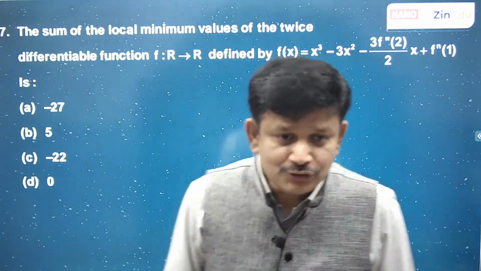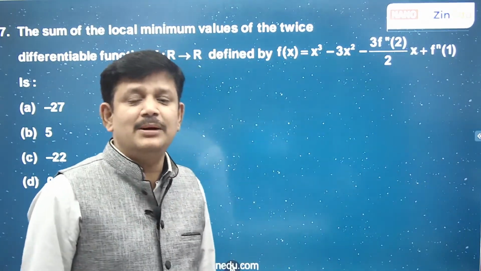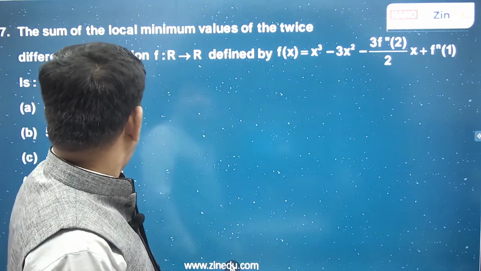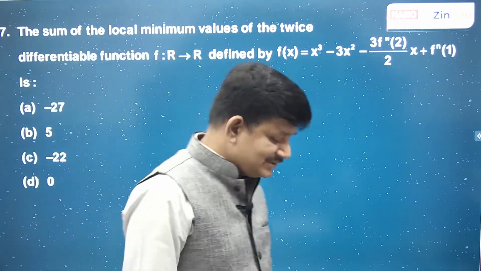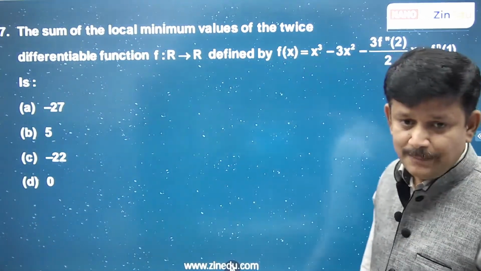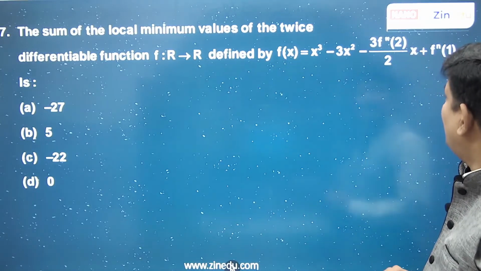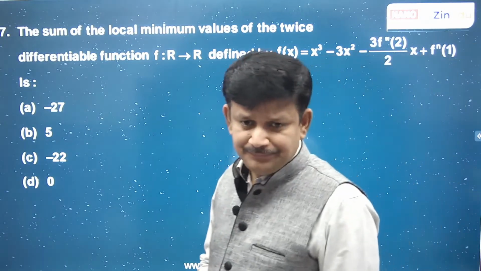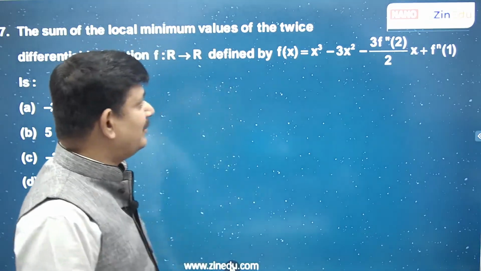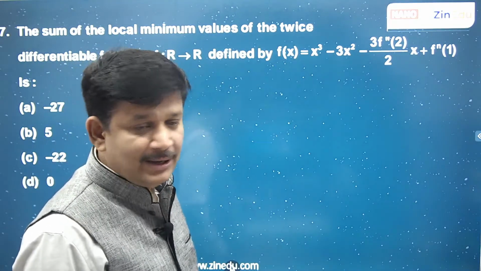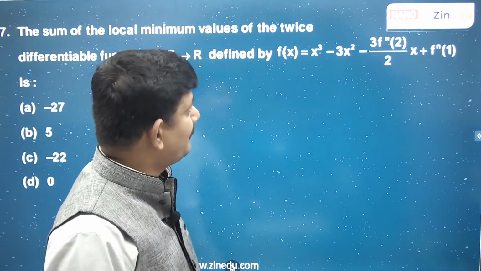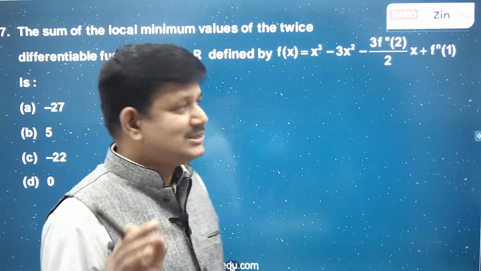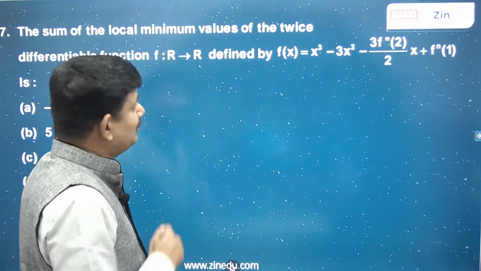Let's look at the next question. Sum of the local minimum values of a twice differentiable function f of x is equal to x cube minus 3x square minus 3 f double dash 2 by 2 x plus f double dash 1. So here he just wants you to spend some time on this question.